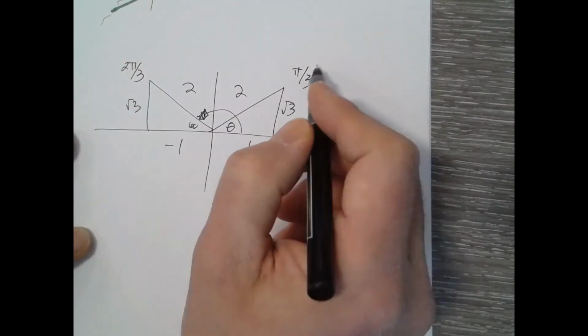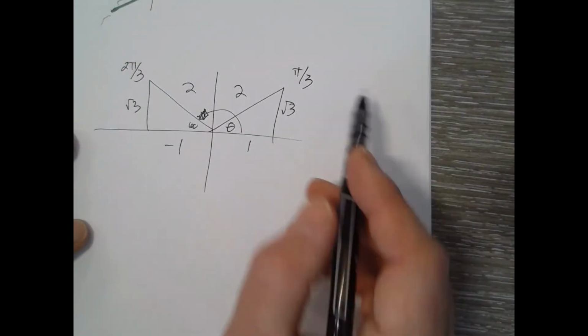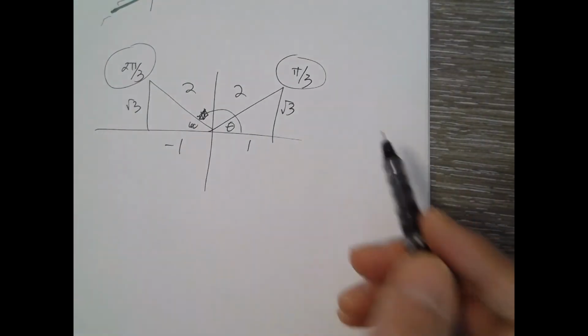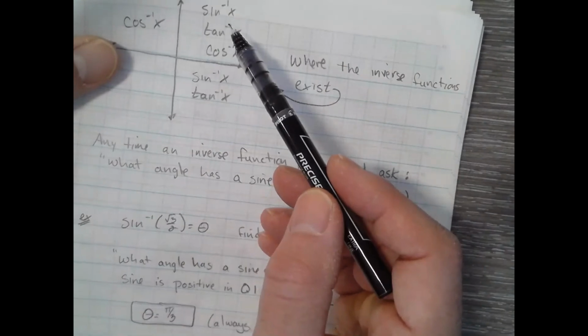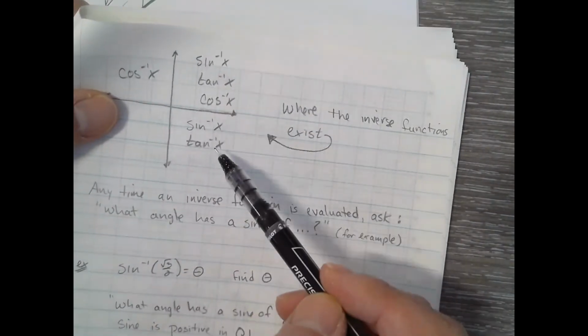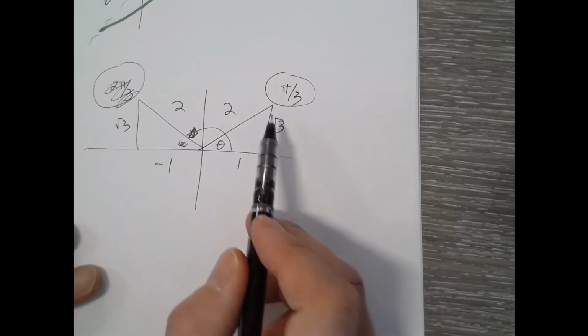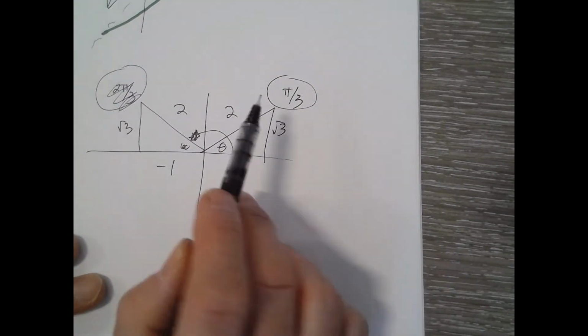So what angle has a sine of square root of 3 over 2? Pi over 3 and 2 pi over 3. However, inverse sine only exists in quadrant 1 and in quadrant 4. So we don't include the 2 pi over 3. There's only going to be one answer when you do the inverse trig. In this case, it's pi over 3.